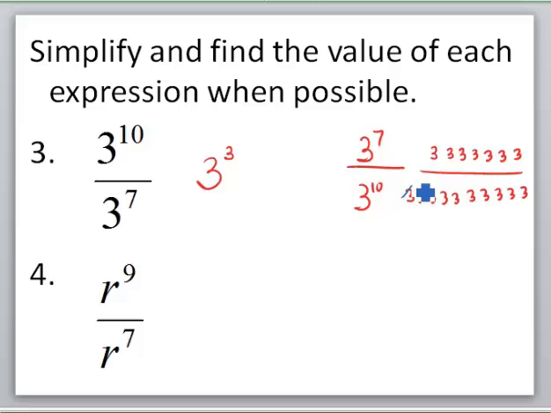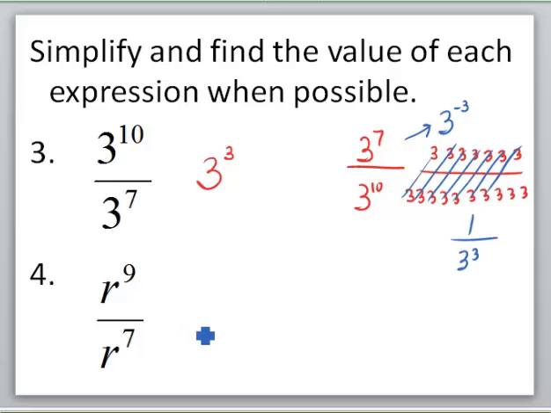When I start canceling these, the leftover 3s are on the bottom, so the answer is 1 over 3 to the 3rd. So I caution using the rule of subtraction because we could end up with a negative exponent. 7 minus 10 gives me 3 to the negative 3rd, and that's why they end up on the bottom.